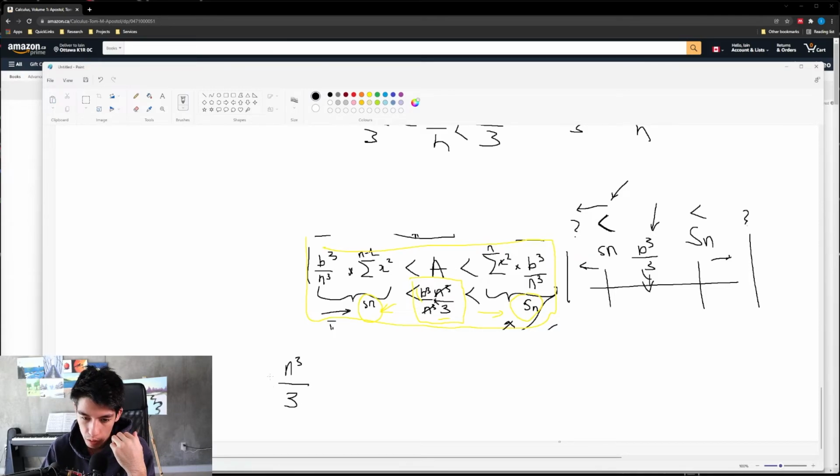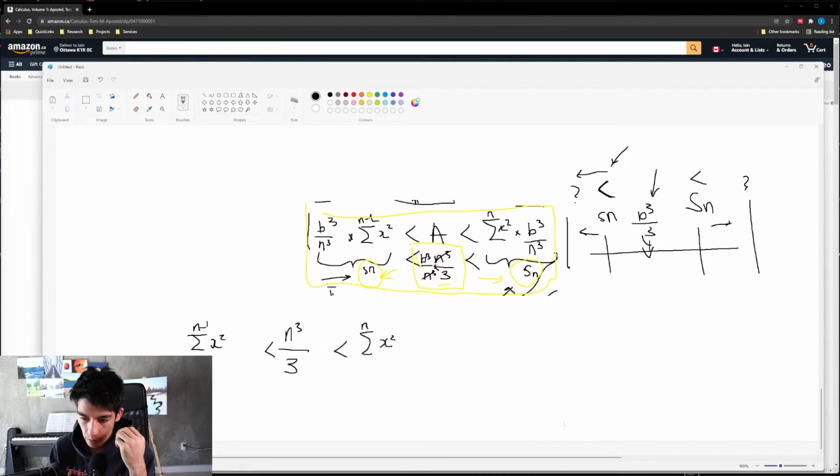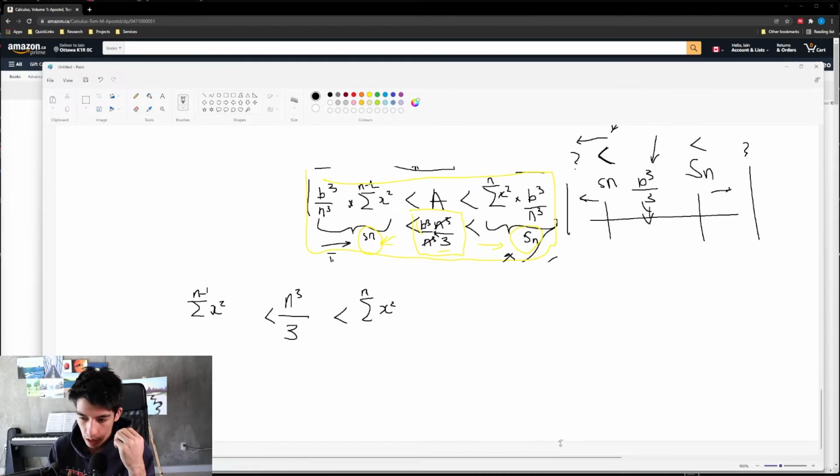We know that n cubed over 3 is smaller than the sum of n-1 squared, that summation. And we also know that this is smaller than the same summation but for n. Because of that, we can leverage this relationship to further extend out Sn, the lower bound.